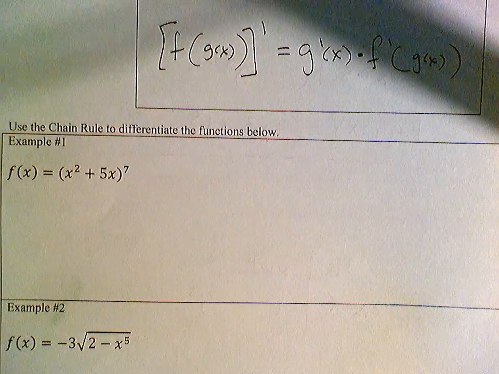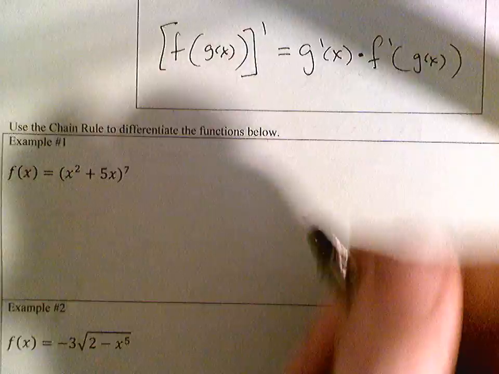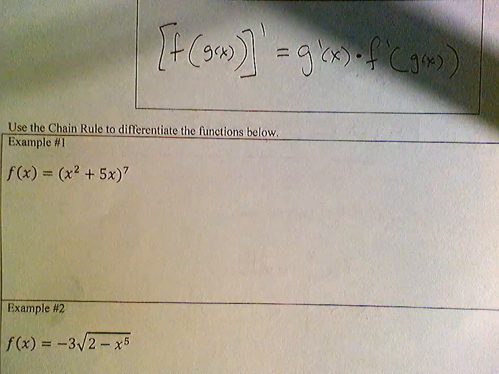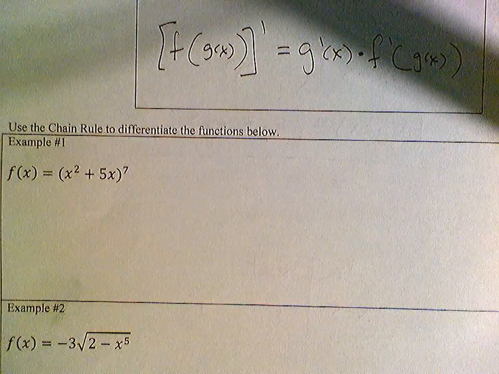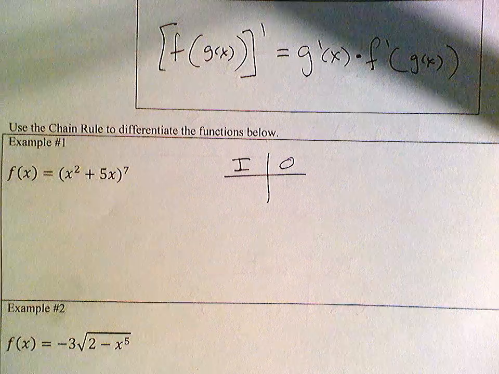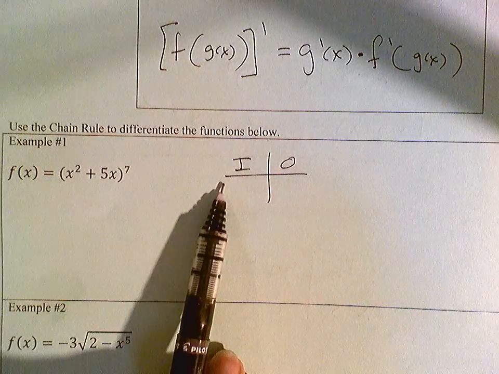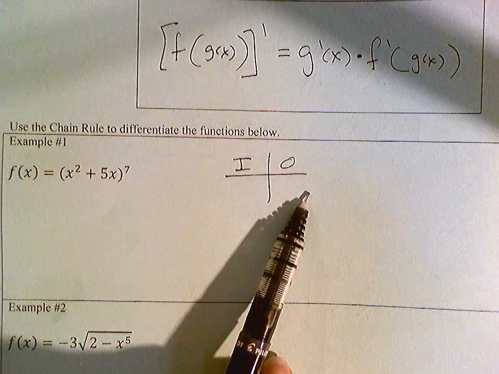So here's example 1. Now, eventually you're not going to have to do this, but when we start, as soon as you realize that you're going to be using the chain rule, I'd like you to put a little chart: inside, outside. So we're going to figure out what is the inside function and what is the outside function.